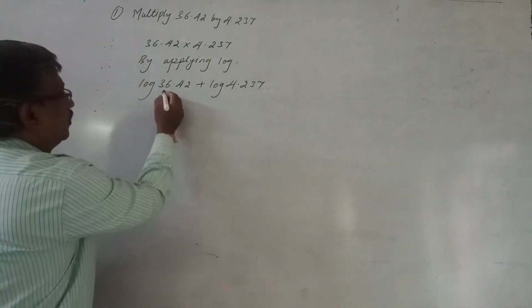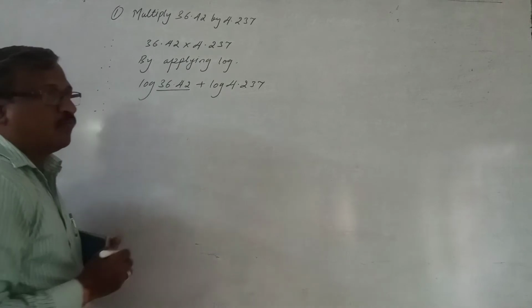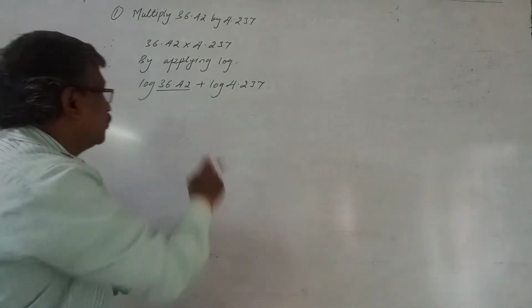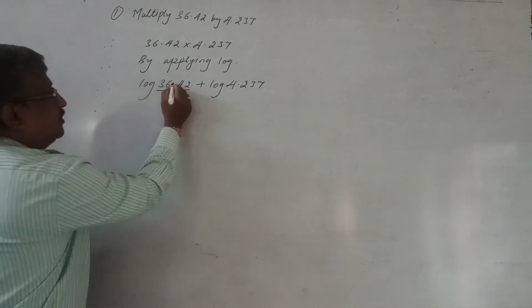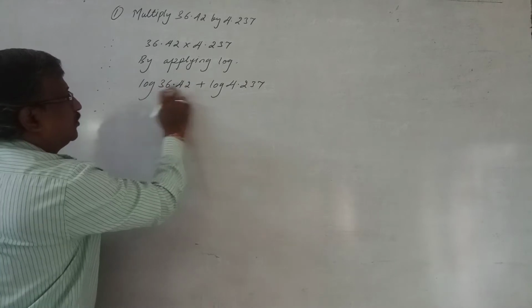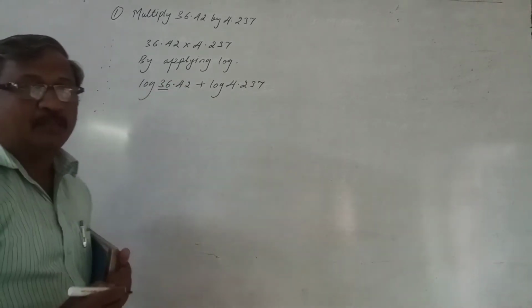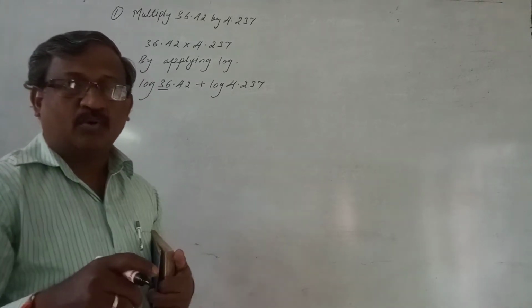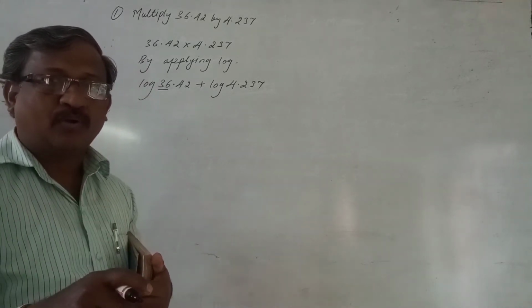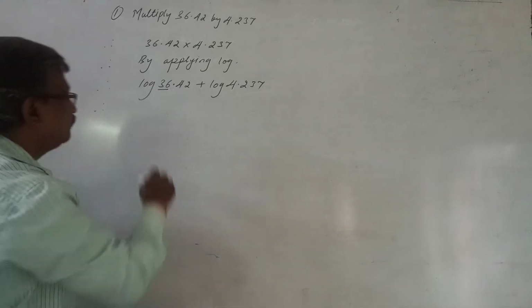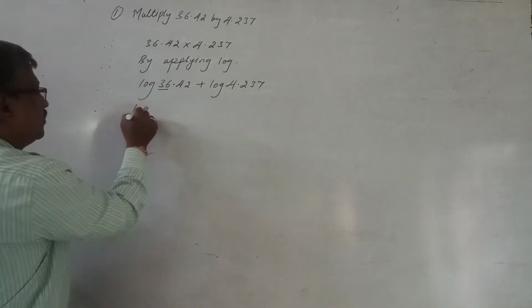The number is 36.42. When the number is in decimal, to write the characteristics of this number, I told you always to use the integral part. In the integral part you have to count the number of digits and from the total number of digits you have to minus one, right? Whatever remains is called the characteristics.